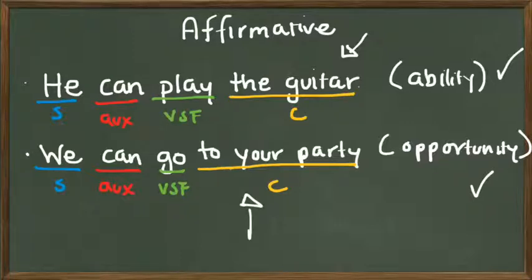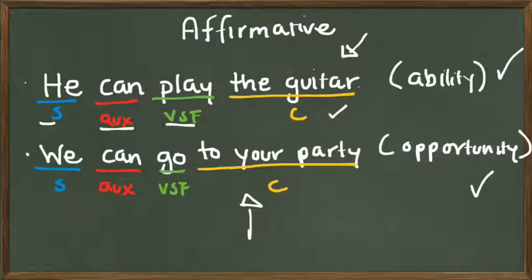And then, as we mentioned before, we have the formula, which is very simple. The formula is subject and then auxiliary can, verb in simple form, and in this case the complement is the guitar.